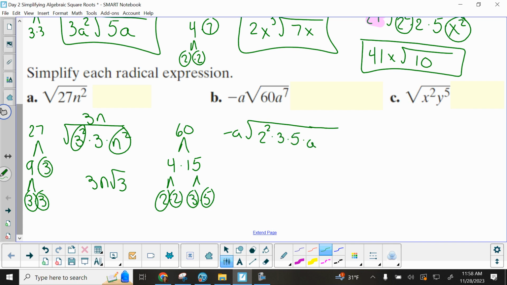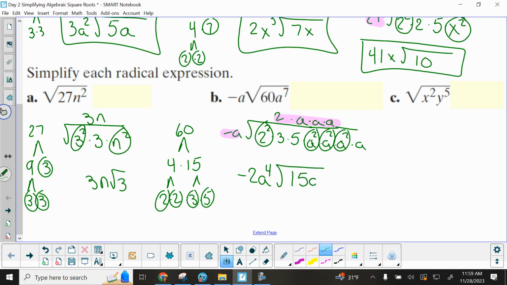And then I have a squared times a squared times a squared times a. So 2 comes out, an a, an a, and an a. And now once again, I multiply this by that negative a. So negative 2a to the fourth times the square root of 15a.